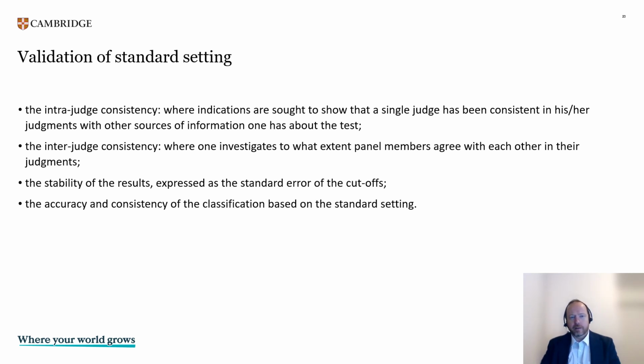So you need to look at what's called the Intra-Judge Consistency. This is where the judge, let's take one judge, Judge A, let's say Darren, has been marking consistently. Now, how do you do this?